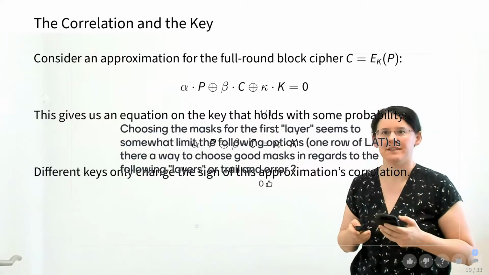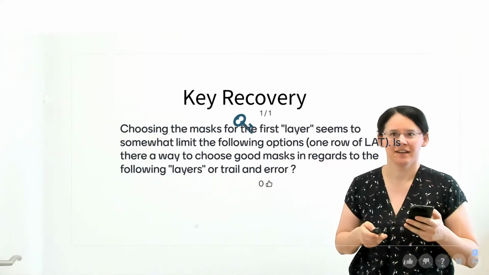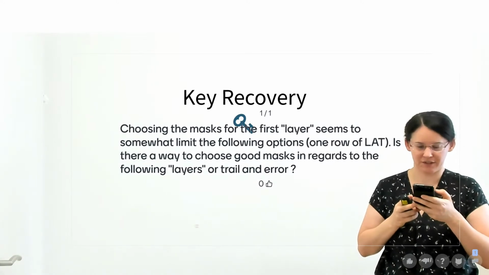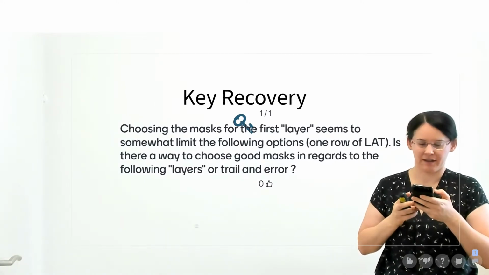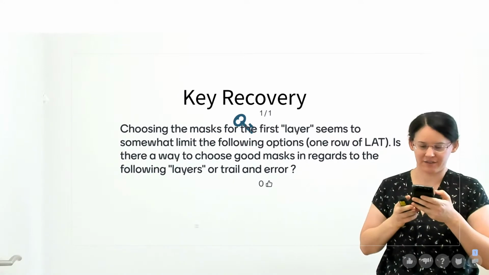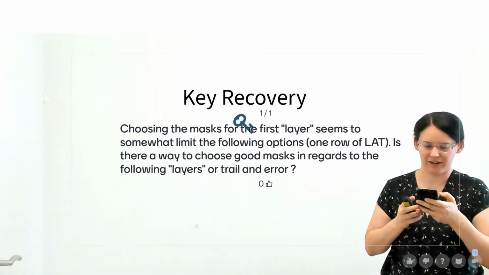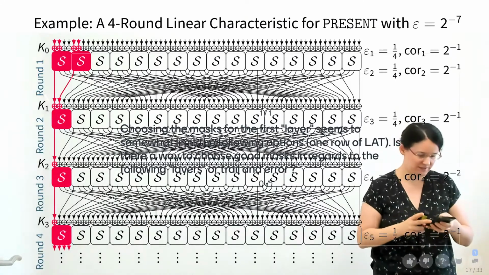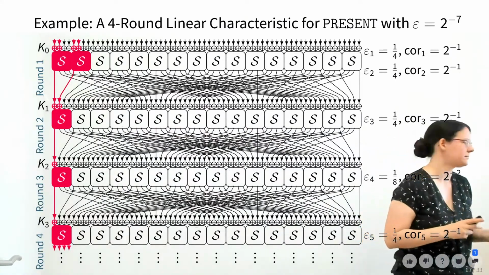So let's see if we have a slide where we can actually read the text. So the question says, choosing the masks for the first layer seems to somewhat limit the following options. Is there a way to choose good masks in regards to the following layers or trial and error? So this is a question that harks back to the example here.